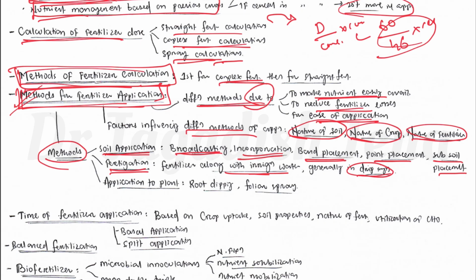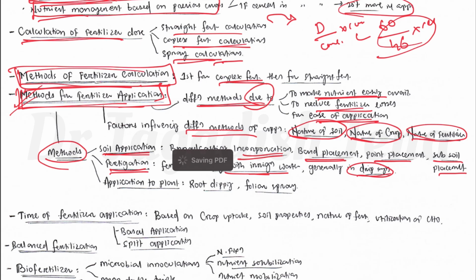We have to take care that the fertilizer must be highly soluble, and there should not be any material that is not soluble in water, because that might clog the drip channels or drip emitters.